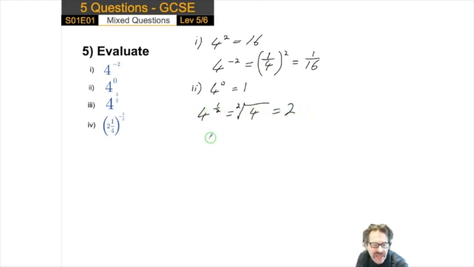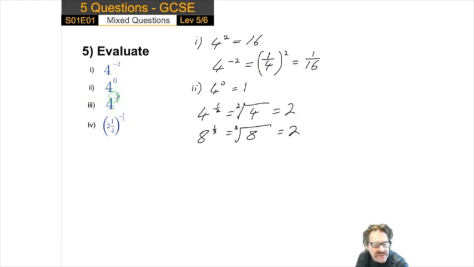If we had, let's say, for example, 8 to the power of 1/3, then we'll be looking for the cube root of 8. Cube root of 8, which also happens to be 2.